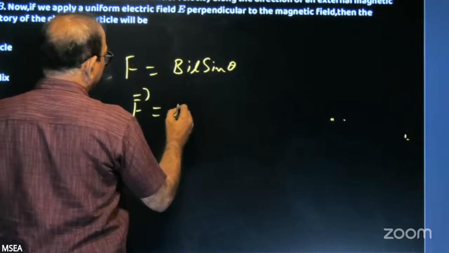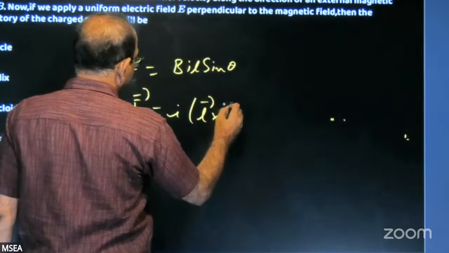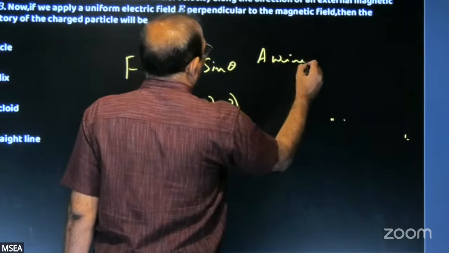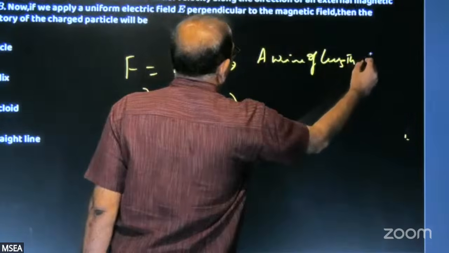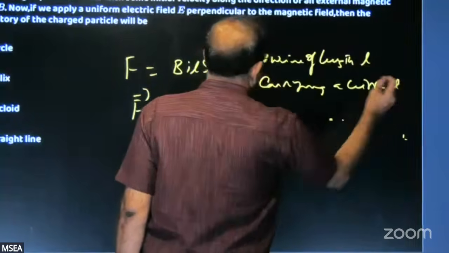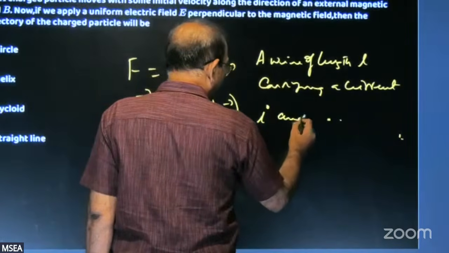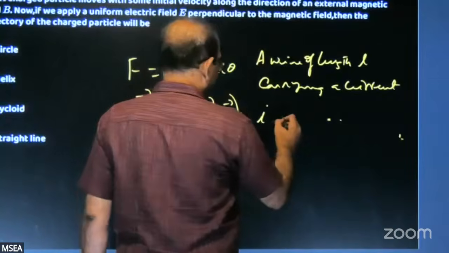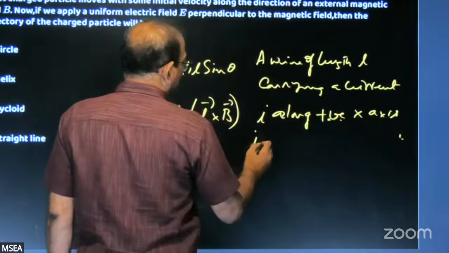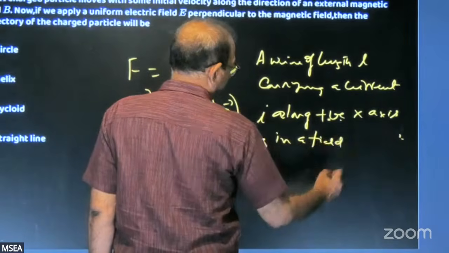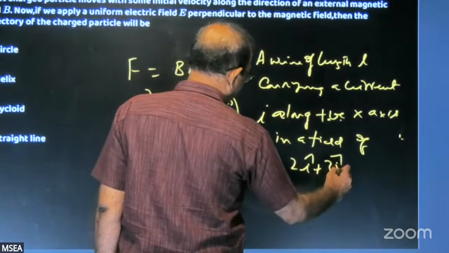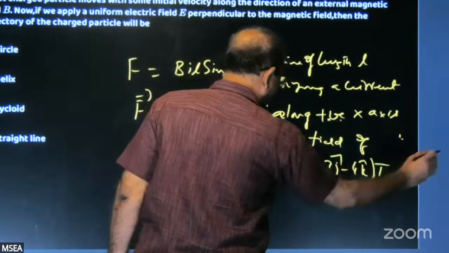In vector form, it is I into L cross B. Suppose a wire of length L carrying a current I along the positive x-axis is in a field of B bar equal to 2i cap plus 3j cap minus 4k cap Tesla.